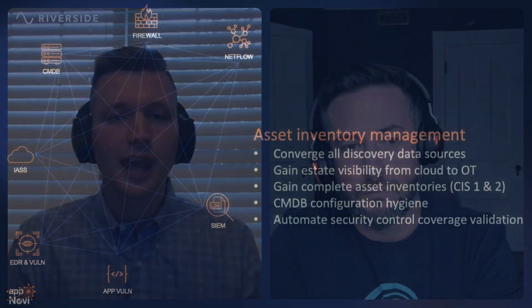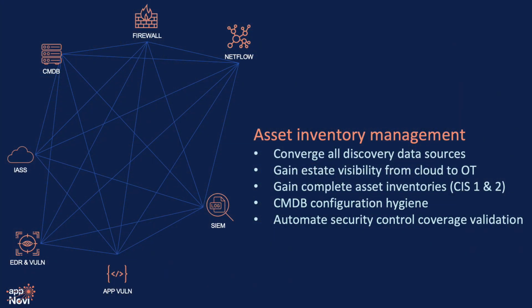And once you converge that, not just looking at specific environments, it's not just about cloud. It's about understanding everything from OT to data centers to cloud. You really solve core information security controls 1 and 2 of building a good asset inventory. As you look at normalized data sources across everything and do that deduplication, you'll identify very quickly where things like CMDBs are incorrect, not dynamic, incomplete, or flawed.